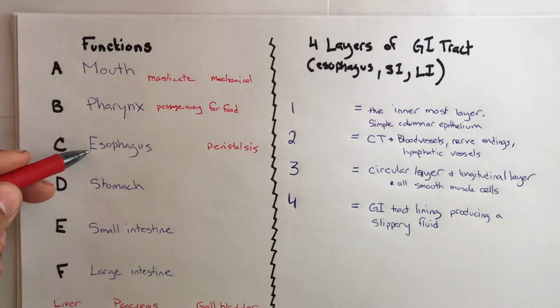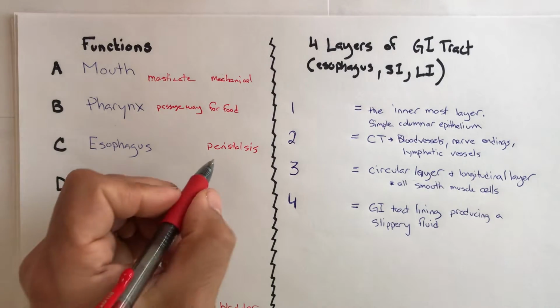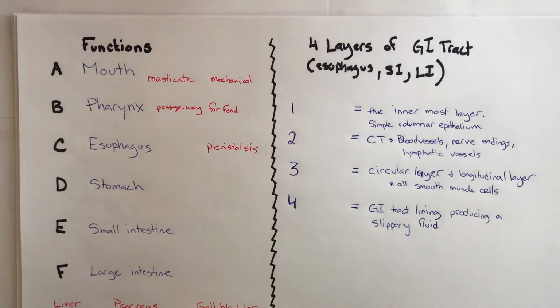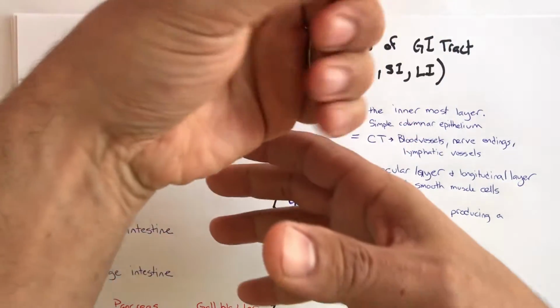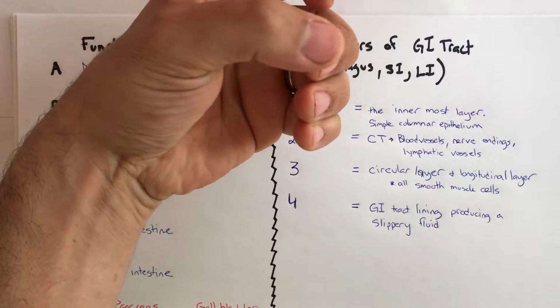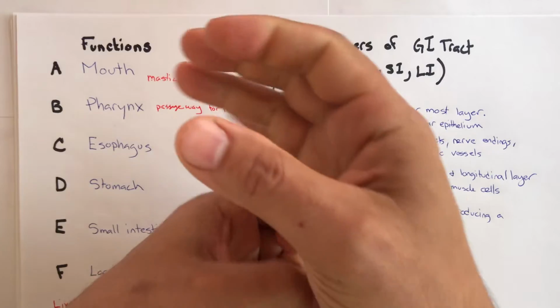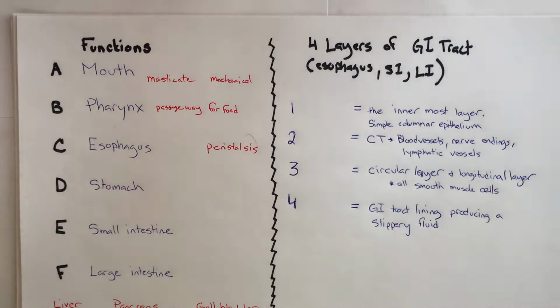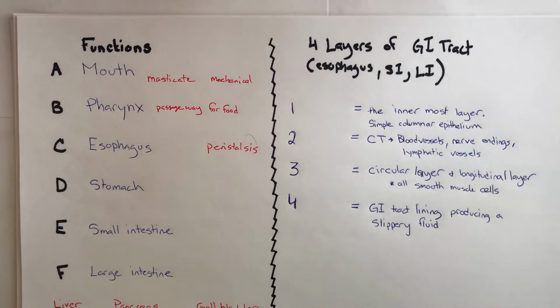Here is the first region of the digestive system where we see this word, peristalsis. Peristalsis is this slow rhythmic squeezing, and it's the circular muscle that's going around, squeezes in order to allow food to move in the forward direction.